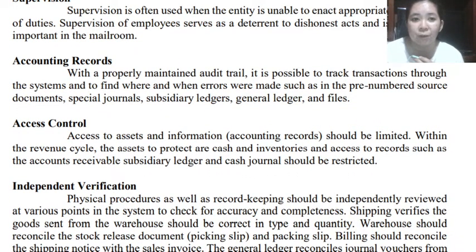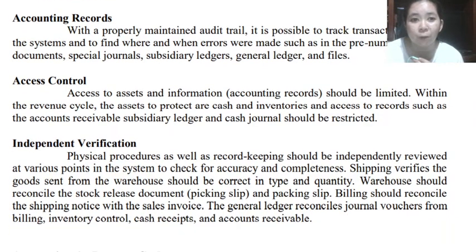Accounting records, of course, with a properly maintained audit trail, make it possible to track the transactions through the system to find out whether there are errors, such as checking the pre-numbered source documents, special journals, subsidiary ledgers, general ledgers, and other files.